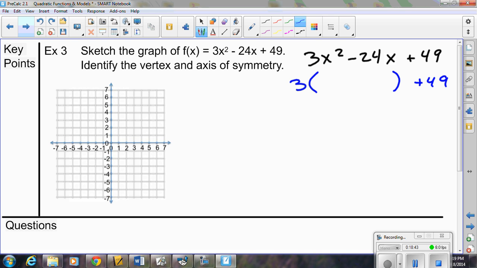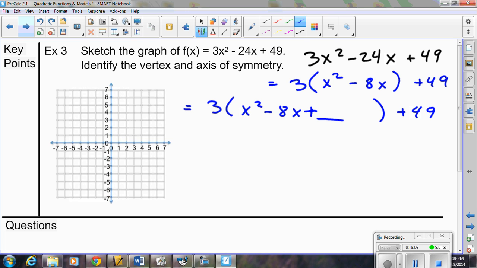Well, if we factor out the 3, what's left? x² - 8x. This is relevant for us because with the 3 gone, we are able to say what is the missing piece that will allow us to complete the square.